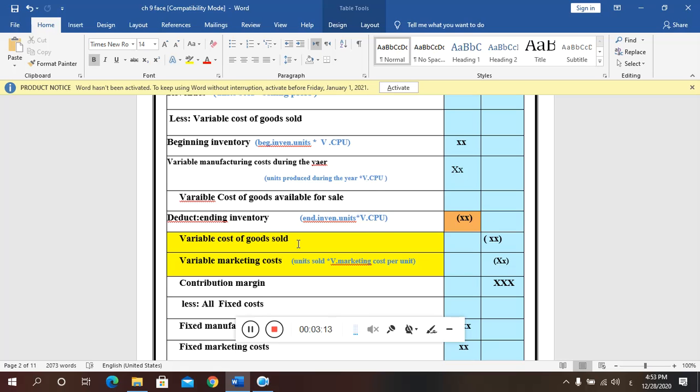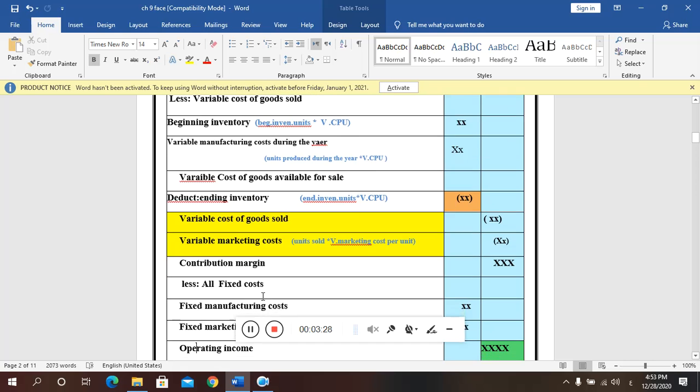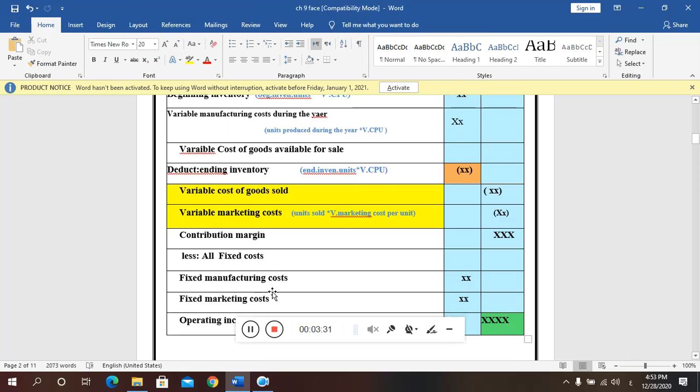So the inventoriable costs under the variable costing method are the variable cost of goods sold and the variable marketing costs. We get here the contribution margin. We will deduct all fixed costs, fixed manufacturing costs and fixed marketing costs, from the contribution margin to obtain the operating income.